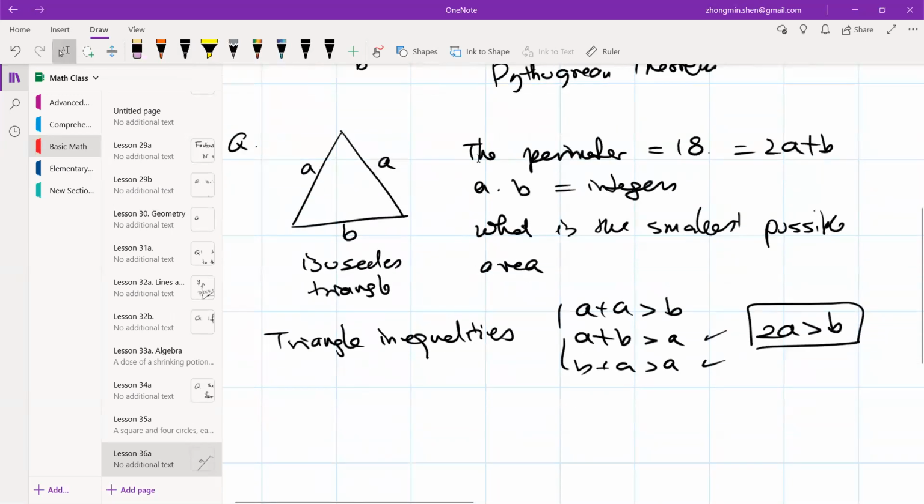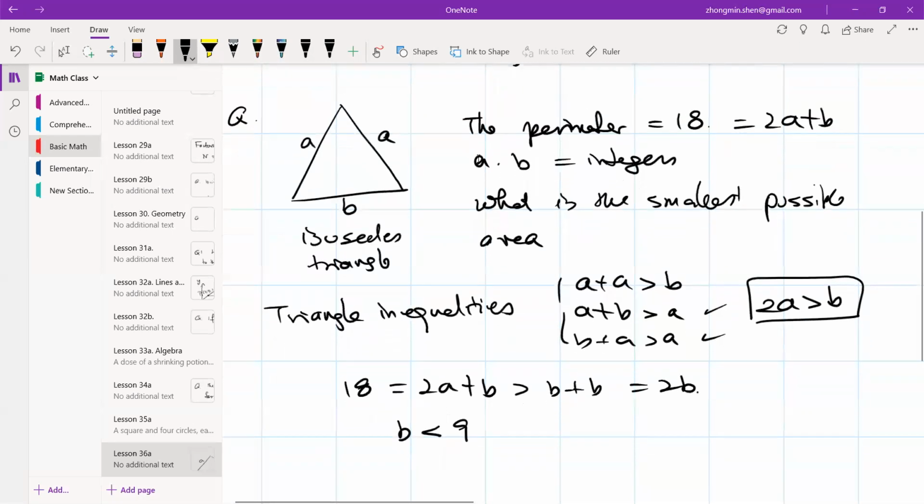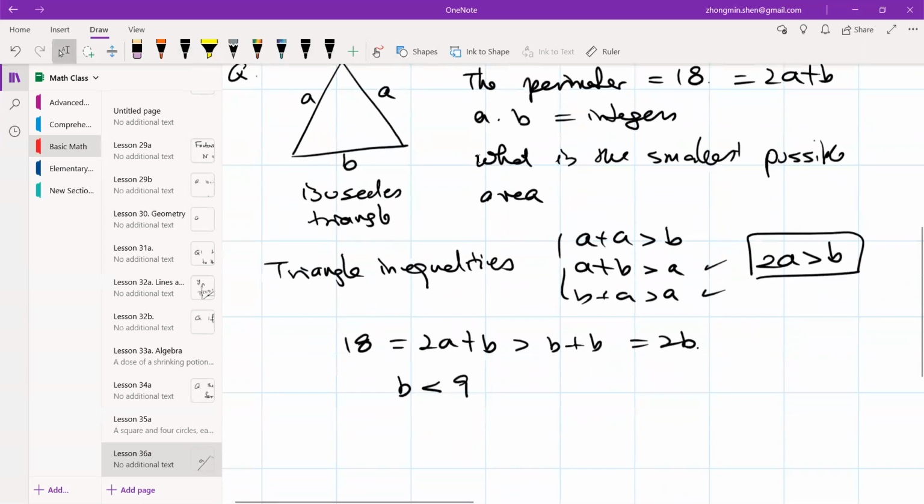So look at this identity: 18 equals 2A plus B, and 2A is greater than B. So B plus B is less than 18, which means B cannot be larger than 9. On the other hand, 18 equals 2A plus B, and B is less than 2A, so 18 is less than 2A plus 2A, which is 4A.